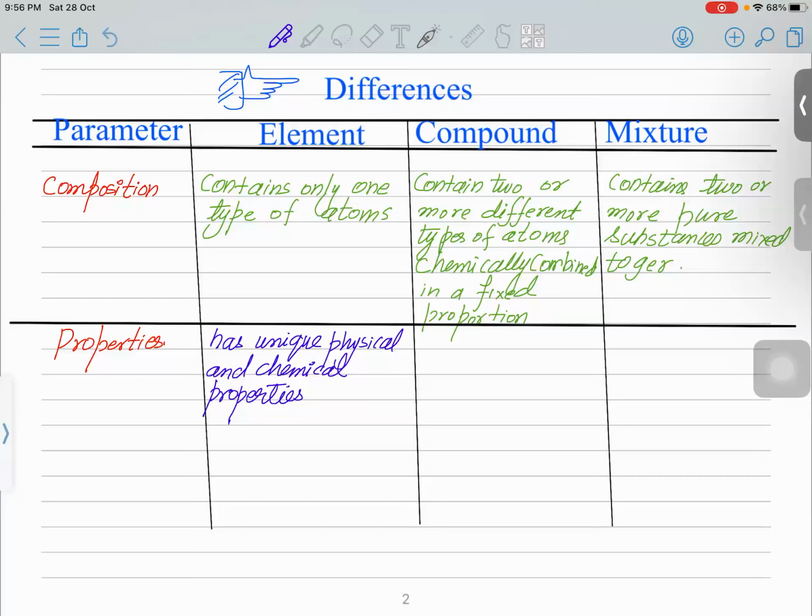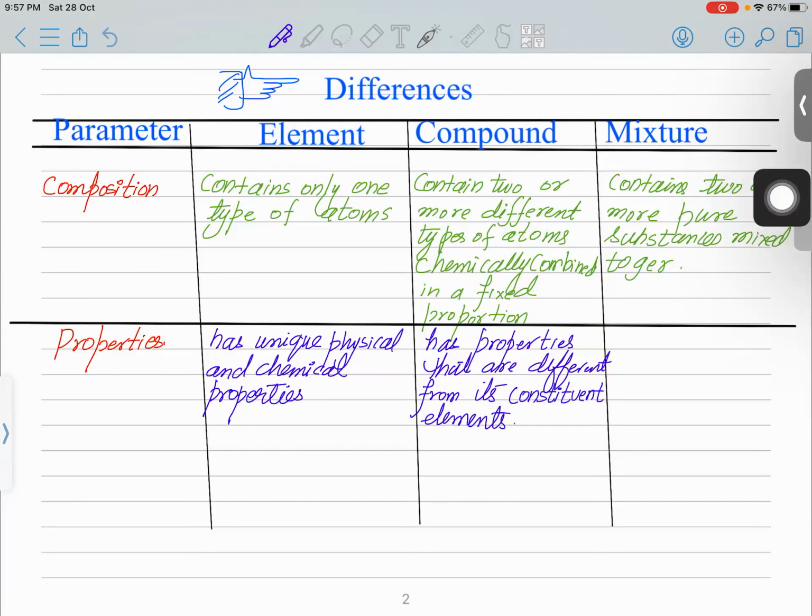So compound has unique properties other than the element.